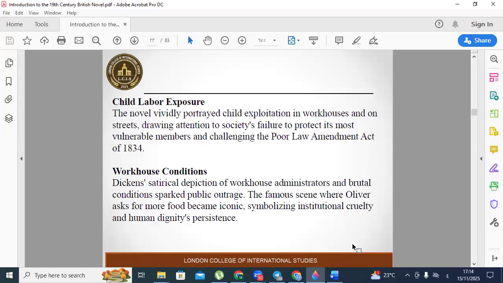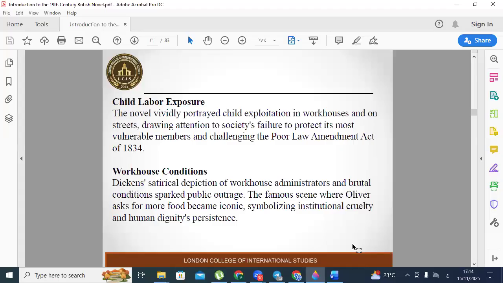Fourth, the impact of publication in monthly installments. The novel kept social issues before the public eye consistently, building suspense while allowing readers time to reflect on the moral and social questions between episodes. This format was crucial to Dickens' impact.